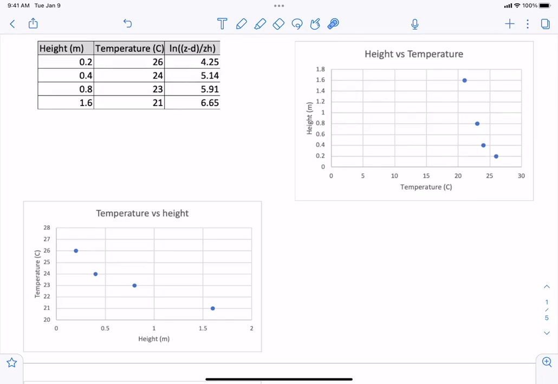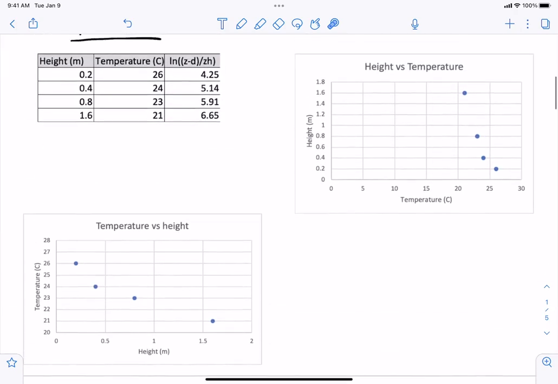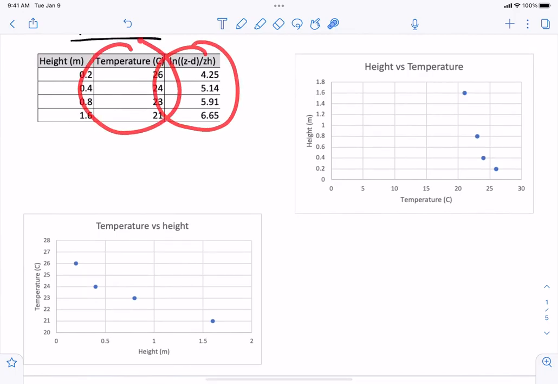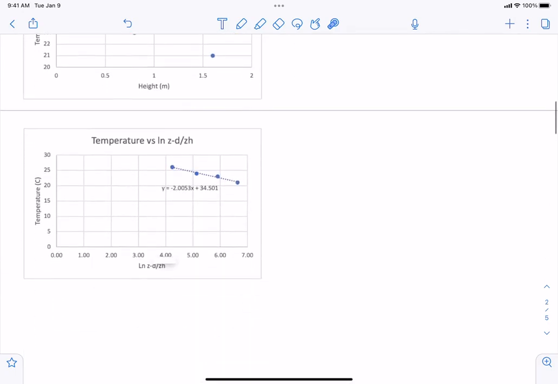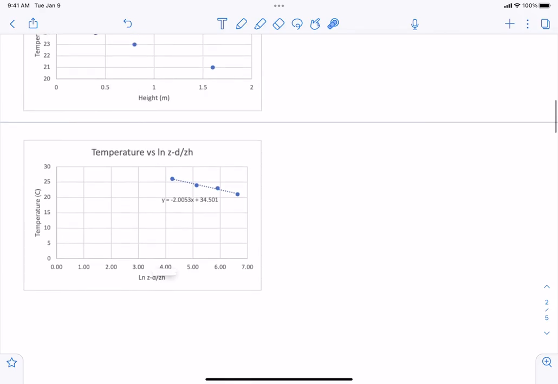But since it's a linear equation, we can drop down here a little further, take this and this, and graph those together. So here's the graph of what happens when we do that. So here's the log of z minus d over zh, and here's temperature with height. And you notice, just like we suggested, it creates a linear equation.